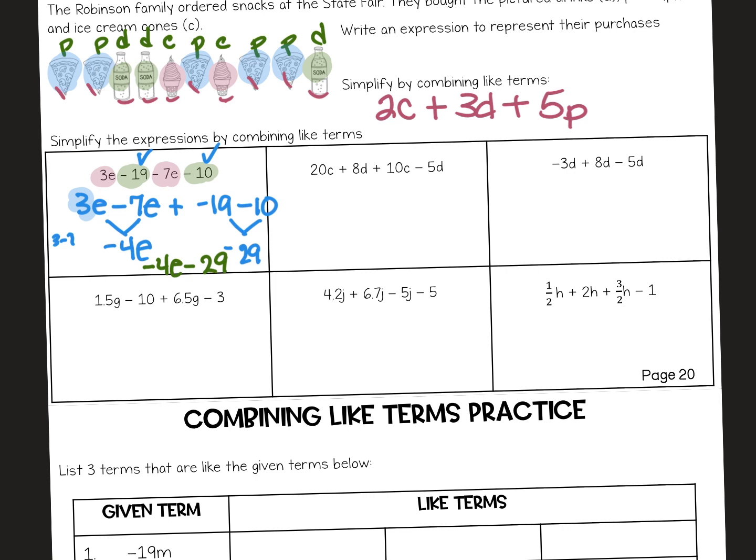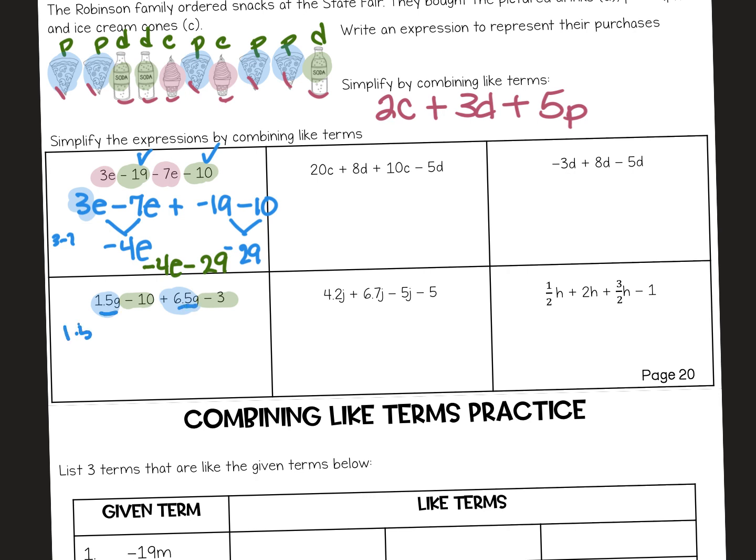Let's do the one just below it. I'm going to highlight first. There's a G term. There's a G term. And then I have 2 constants. So I'm going to combine my variable terms. They both have G to the first power.